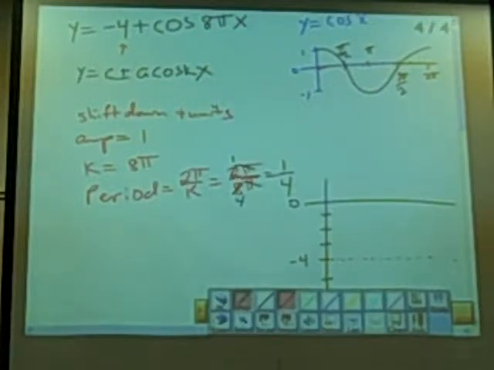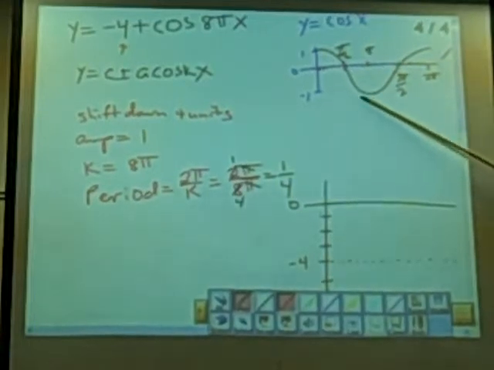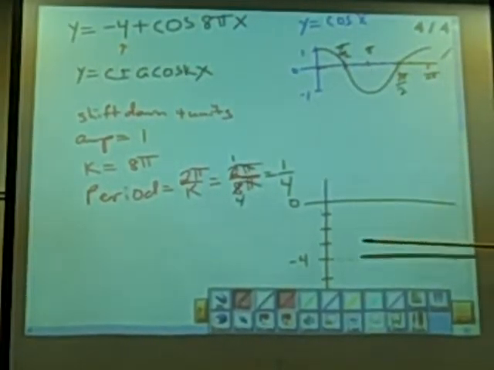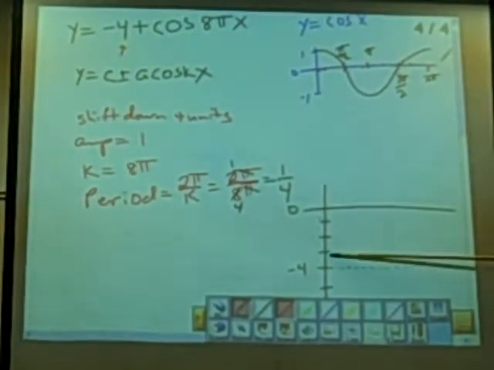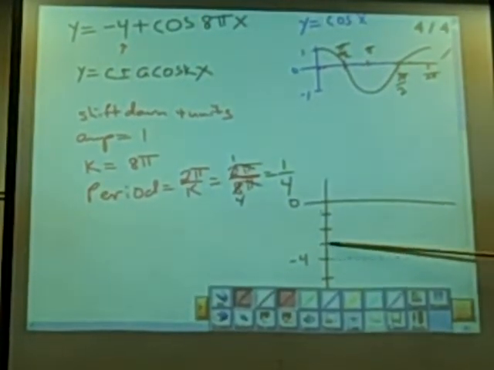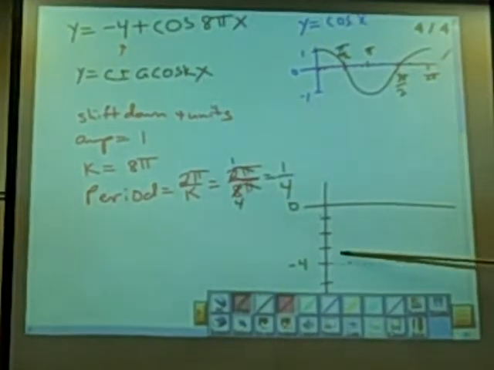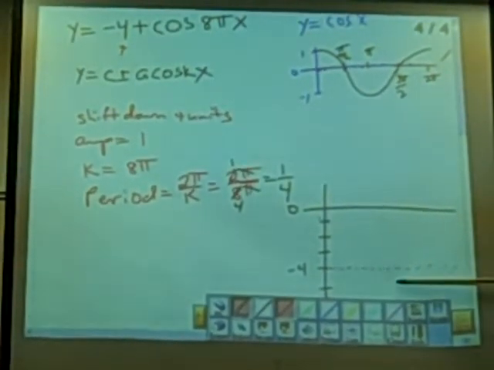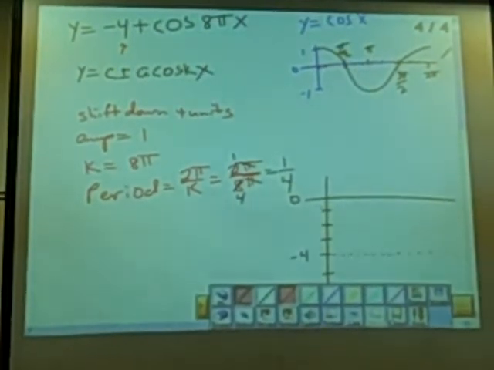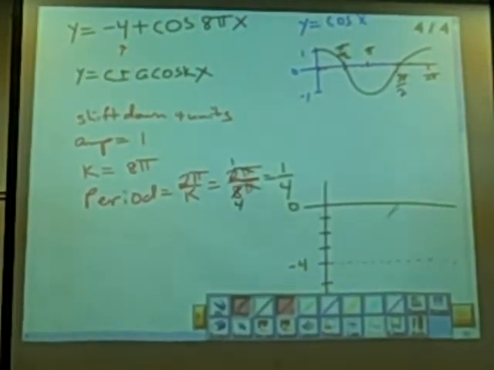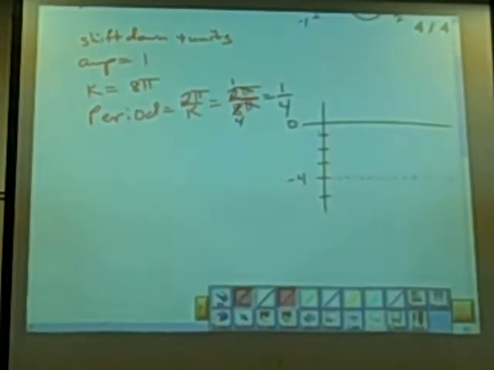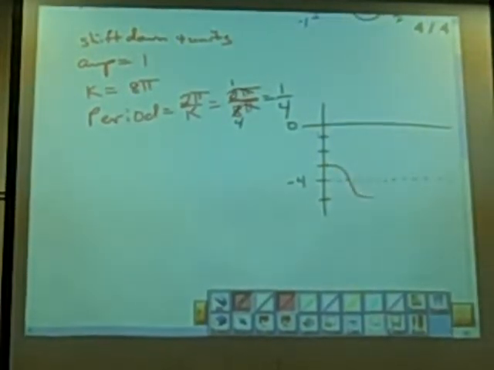So our graph is going to oscillate back and forth, up and down, about what line? Negative 4, right. So that means our cosine actually starts where? At negative 3, goes through negative 4, and then it comes down to where? Negative 5, and then comes back up. Okay? So it's going to oscillate up and down about negative 4.